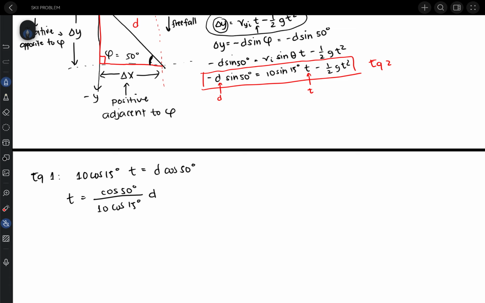Okay, so you can use your calculator to find the value of the coefficient of d here, and you can store that to a. For this one, I get a value of 0.0665 with other values.